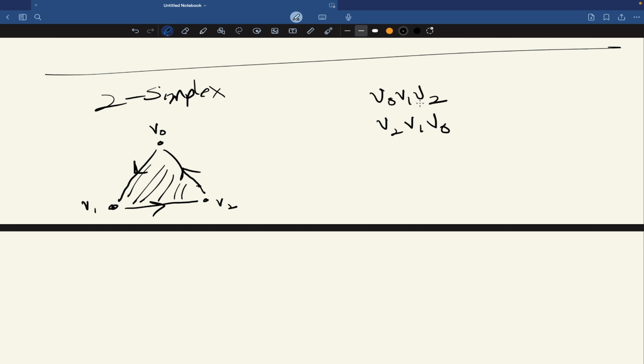If I'm writing V0, V1, V2, we'll check, are we going with the flow? From V0 to V1, we are with the flow. Then we are going from V1 to V2, and then going back from V2 to V0.